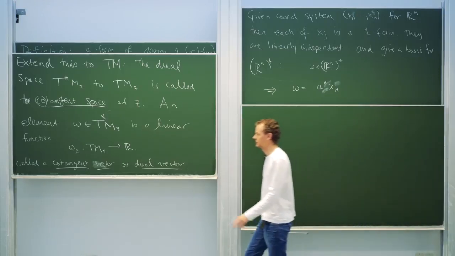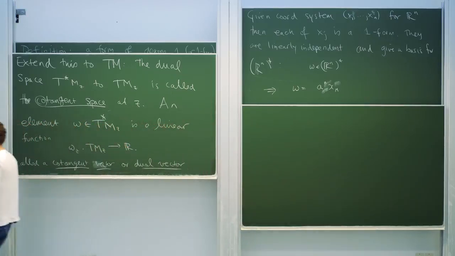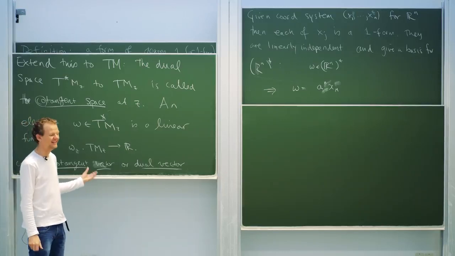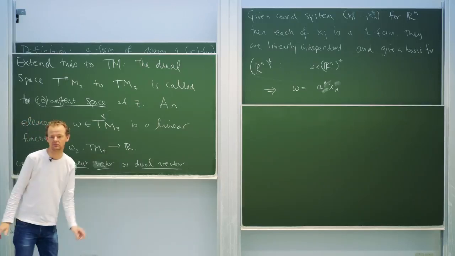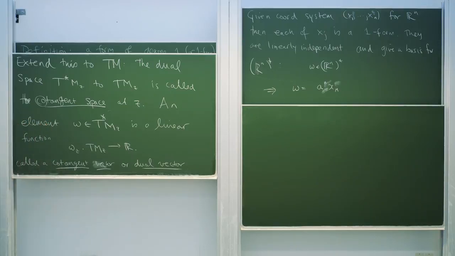So a cotangent vector or a dual vector, what is it? Well, it's something that eats tangent vectors for breakfast and gives you numbers in a linear way. That's all you need to worry about at this stage when you hear the word cotangent vector.